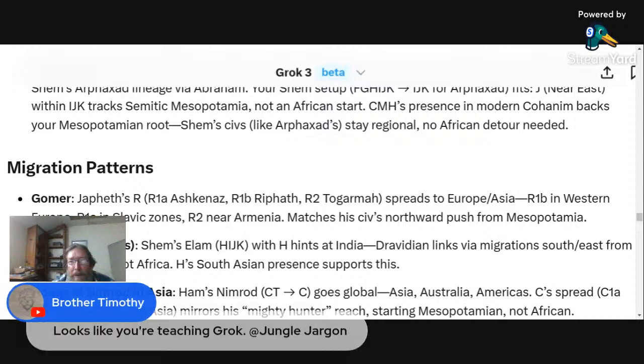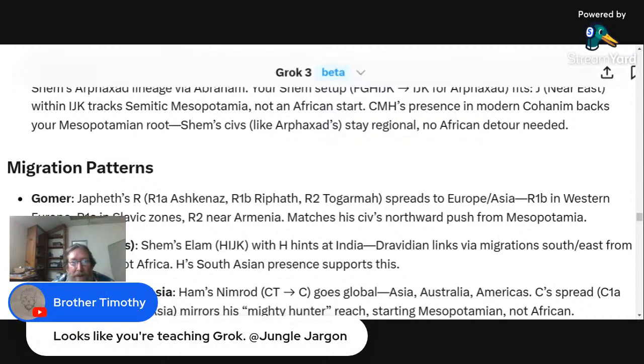Yeah, Grok. Looks like I'm teaching Grok. Well, I'm actually explaining to Grok the out of Mesopotamia model, and it was agreeing with me that it actually fits.